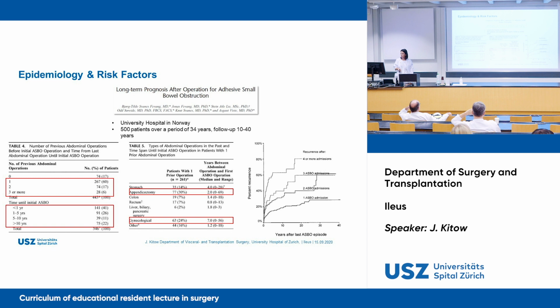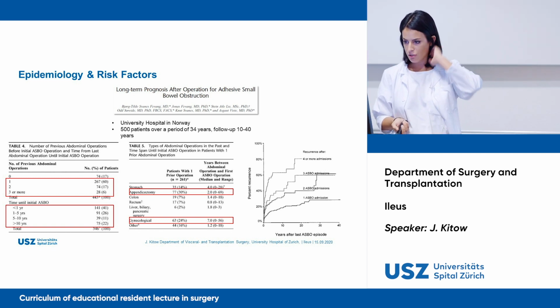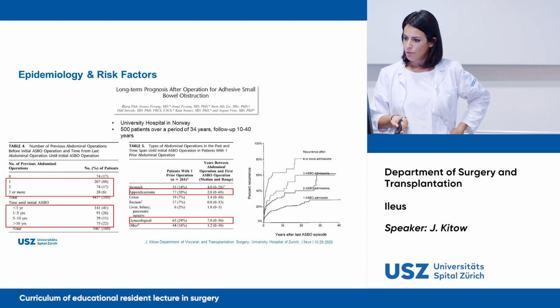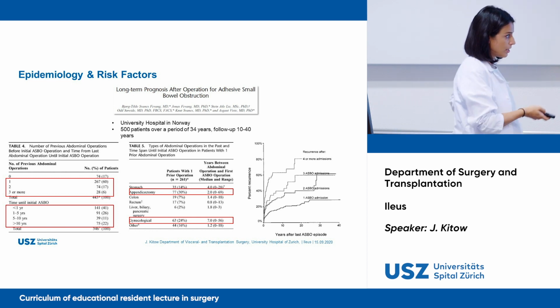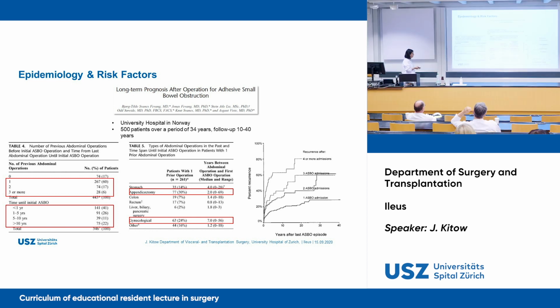In their patient collective appendectomy and gynecological operations have the highest risk, but one has to be aware that they will not happen at the same time. As you can see here, the appendectomy has a median of 2 years after initial surgery and gynecological operations after 7 years.